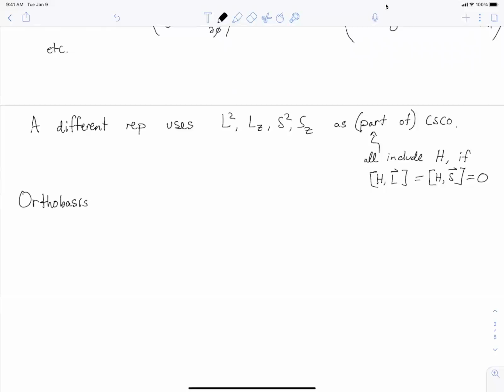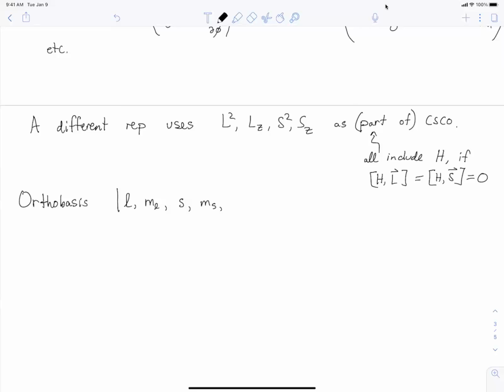And so how would we label the orthobasis? We give the L squared quantum number, the LZ quantum number, the S squared quantum number, which we didn't have to do because again, it's completely fixed. There's nothing we can do to change it ever. And then the Z component of spin. And then there might be other labels.